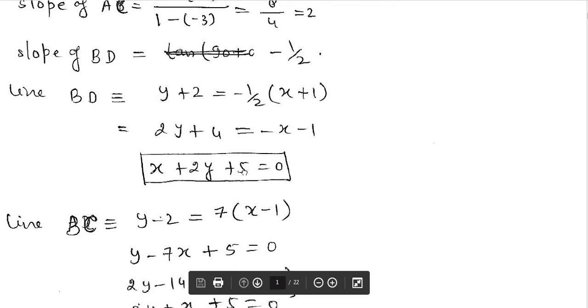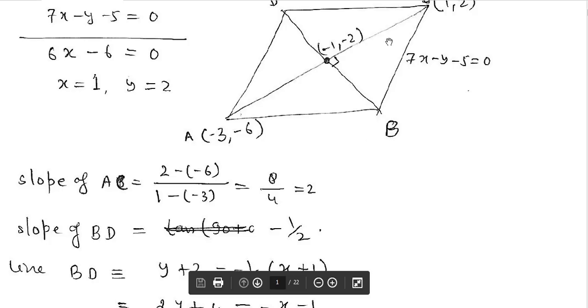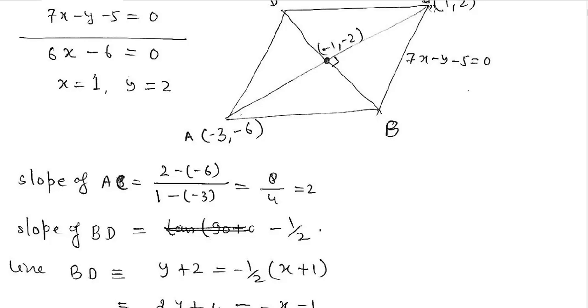Now line BC we can also obtain, since it is along this line and passing through 1 comma 2, so we can get line BC.